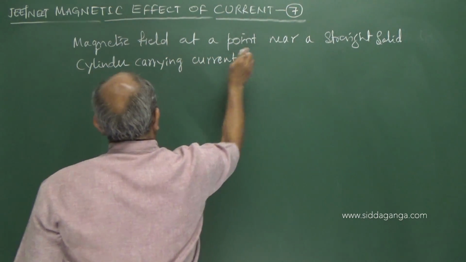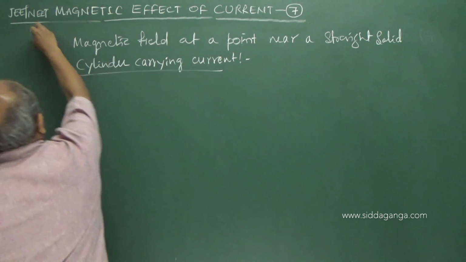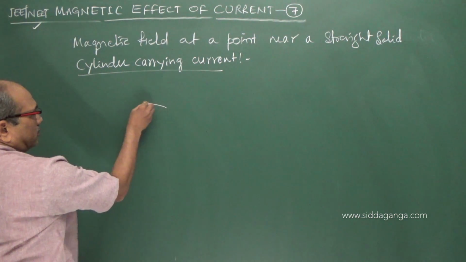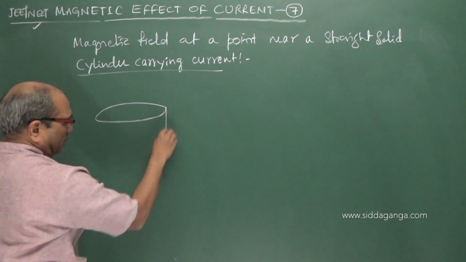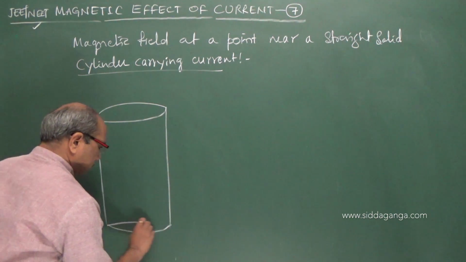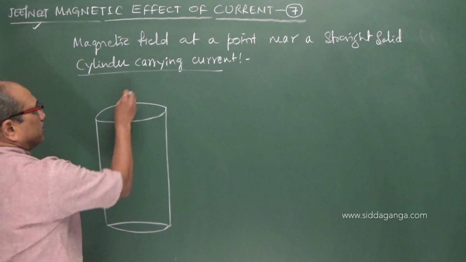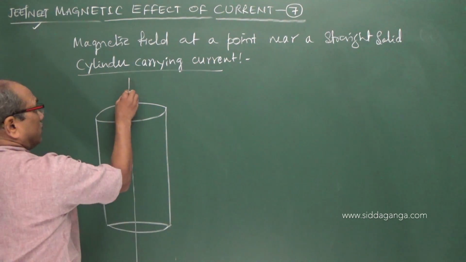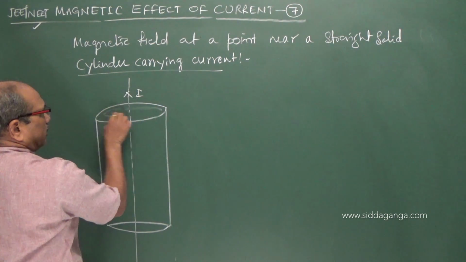This is not for the board exam, it is for JEE and NEET, and you must know this relation. Imagine an infinitely long solid cylinder. This is the axis. A current I is carried by the solid cylinder.